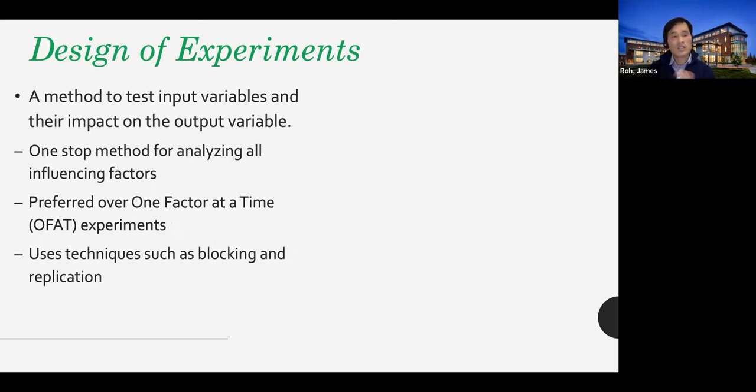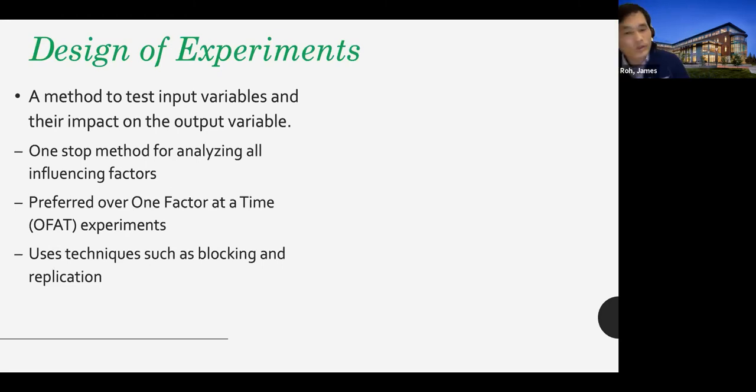It's a one-stop method for analyzing all influencing factors. So you can check multiple factors all together, and in that way you can screen in influencing factors and screen out unimportant factors.